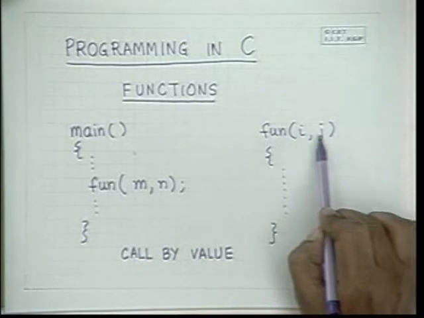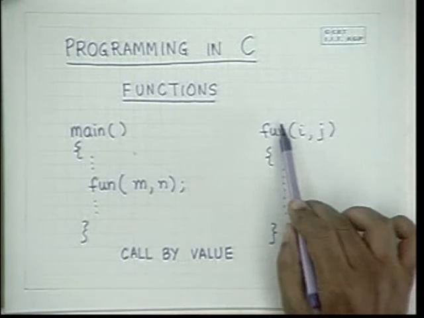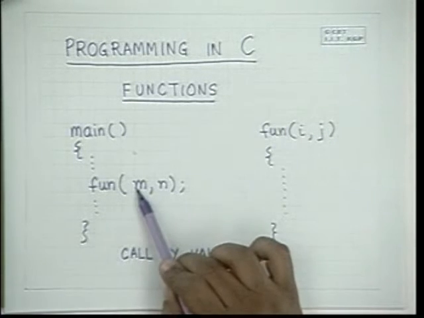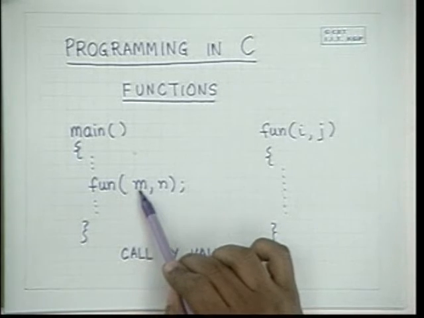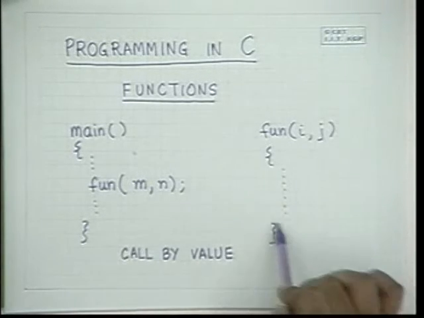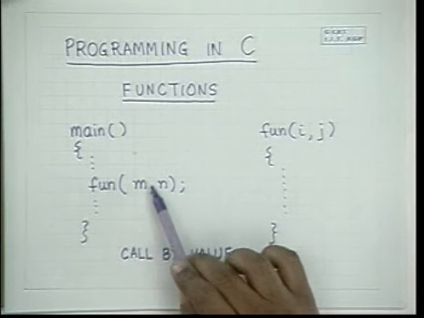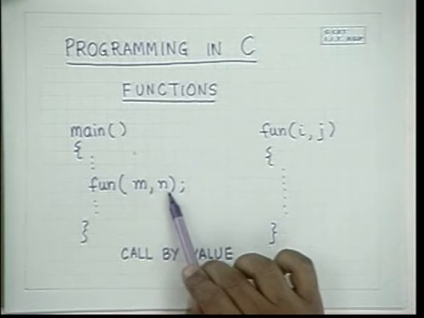That is, these form local variables of the new function, and the values of the main program from where it is called, or any other function from where it may be called, are copied here and executed, and after the execution they are not copied back. Therefore, whatever you call it with, the actual values of these variables will not change.